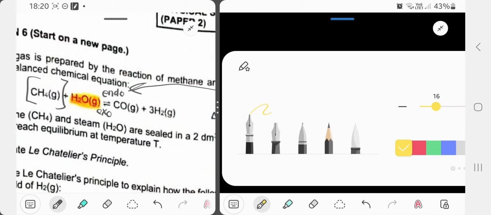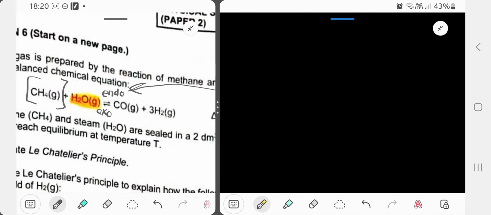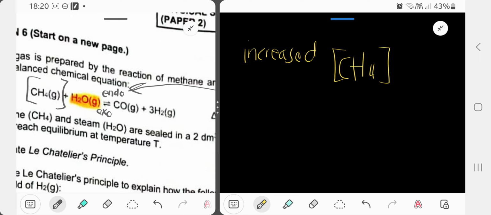What this basically means is that they increased the concentration of CH4. Remember, Le Chatelier comes in at this point where we've increased the concentration, which is one of the factors that affect the state of equilibrium. But Le Chatelier wants to reinstate that equilibrium.